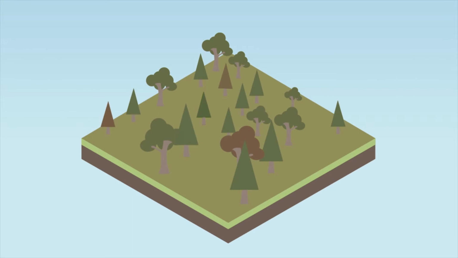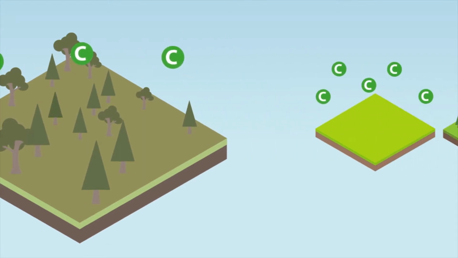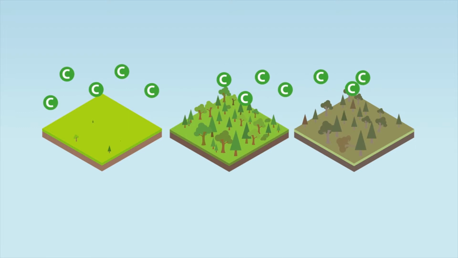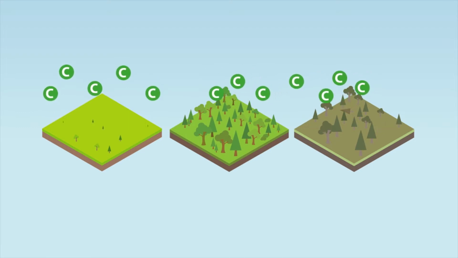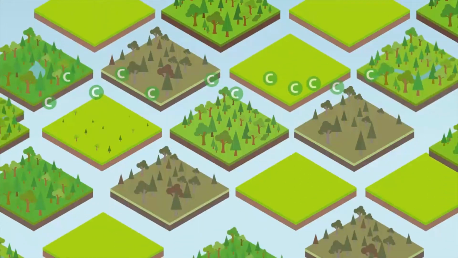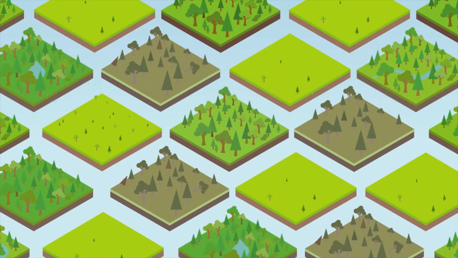The phase of decay sets in at the end of the lifetime of the trees. This is when the CO2 stored is released into the atmosphere as a result of decomposition. The CO2 cycle is complete. Areas of forest binding CO2 and those releasing CO2 are in balance. The overall volume of carbon stored in the forest remains roughly the same.